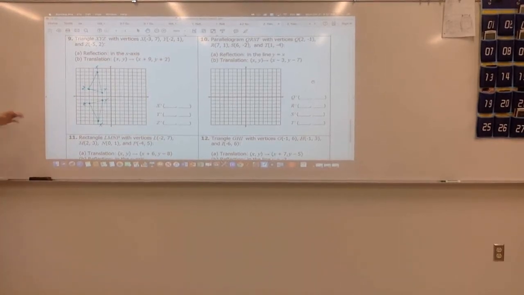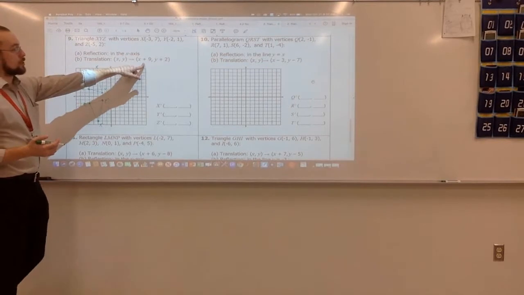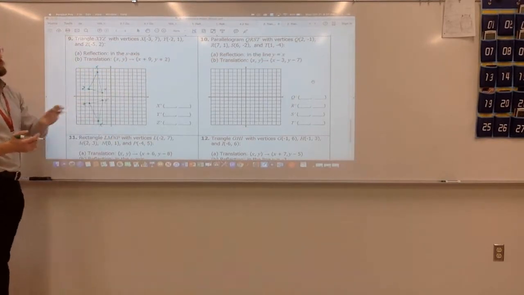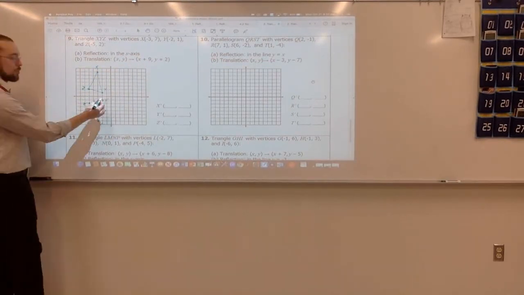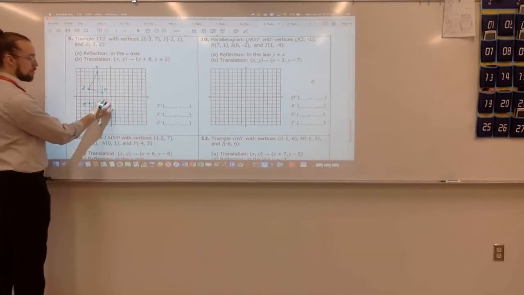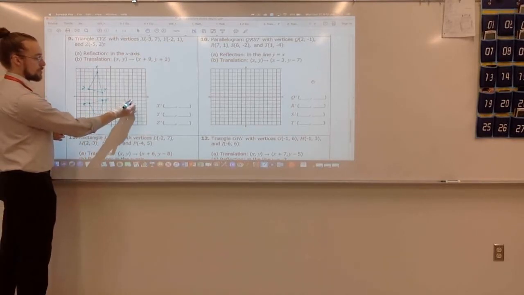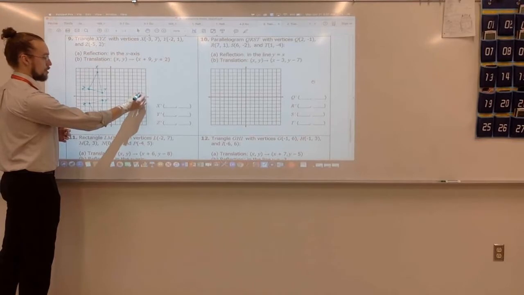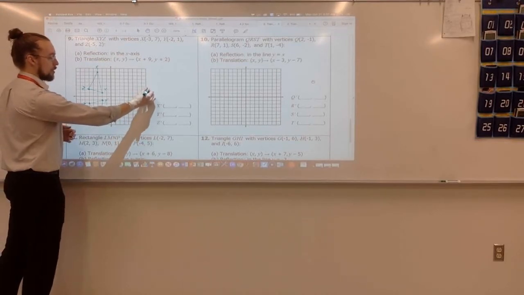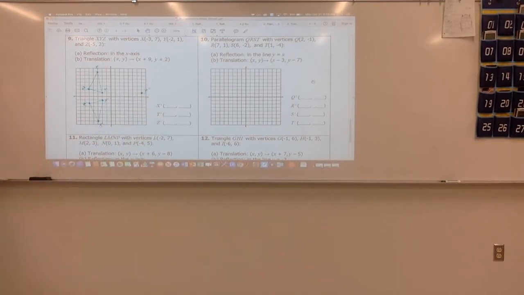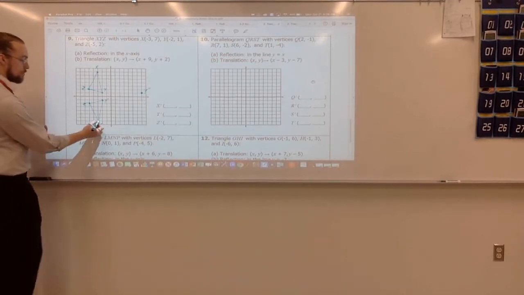Okay. So now I'm going to take this figure and shift it right 9 up 2. So it's going to count 1, 2, 3, 4, 5, 6, 7, 8, 9, up 2. Now I'm going to label these double primes, since this is the second operation that I'm doing on each of these points.